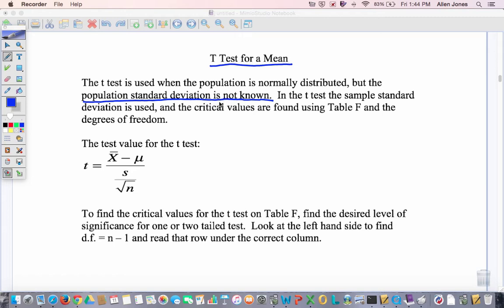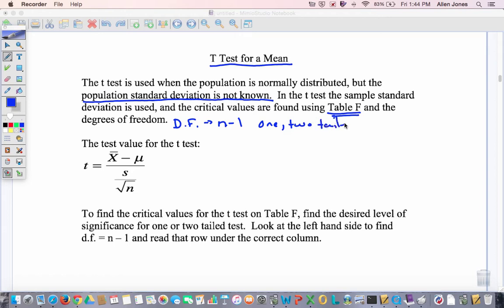That creates a different family of curves known as a t-distribution, and those t-distribution values come from table F. If you recall, table F is based on degrees of freedom, which are sample size minus 1, and it's also based on whether we have a one-tailed test or a two-tailed test, meaning right or left or two-tailed.